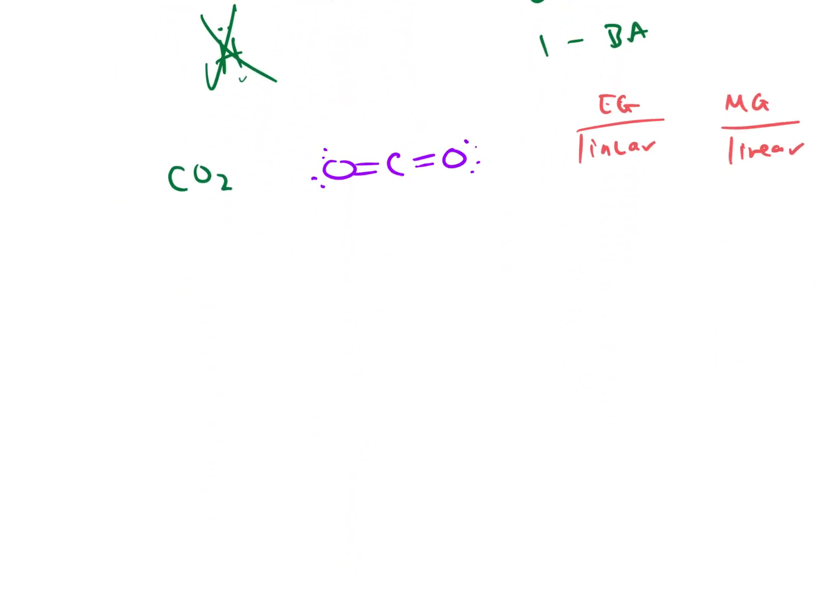Okay, so let's do another one. Let's do BF3. Can anybody tell me what that shape is? The electron geometry? Bent? We have three fluorines, right?